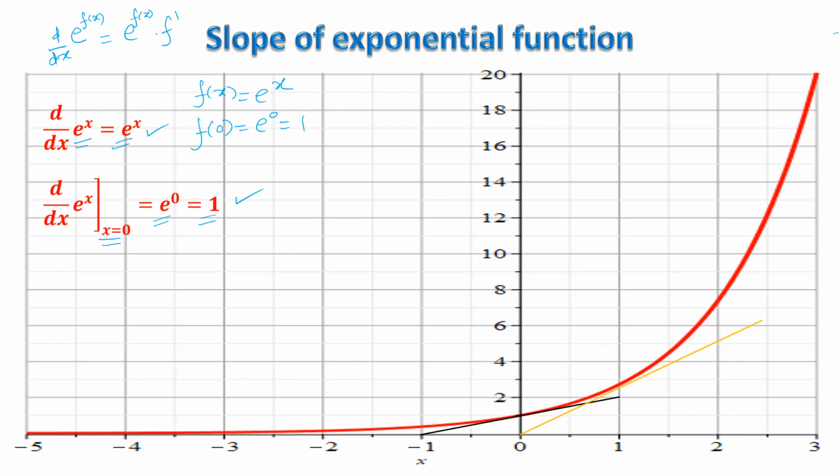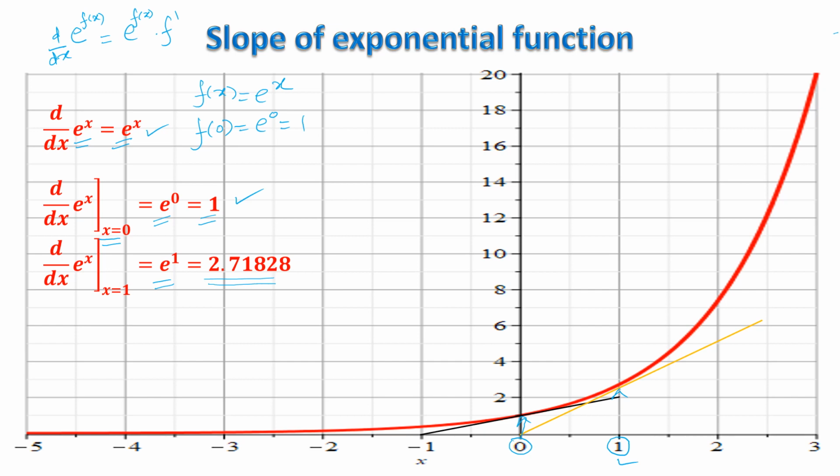Now I want to find the slope at the point x equal to 1. Earlier we found it for 0. Now we are finding it at x equal to 1. The derivative of e to the power x is e to the power x, and at x equal to 1 the value is 2.71828, and the slope is also 2.71828.